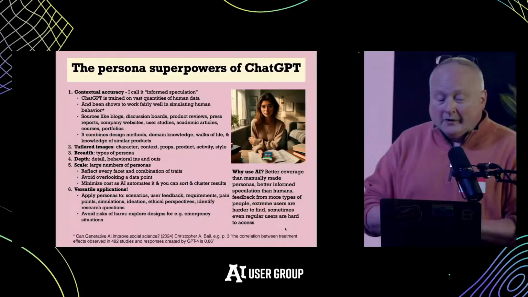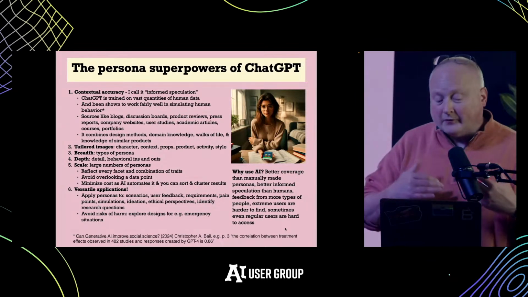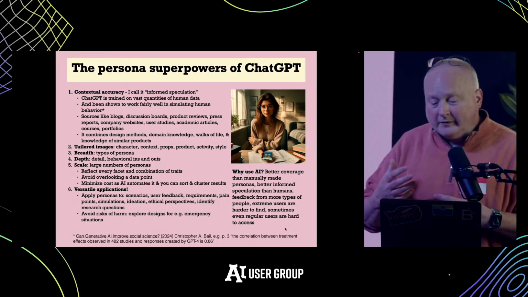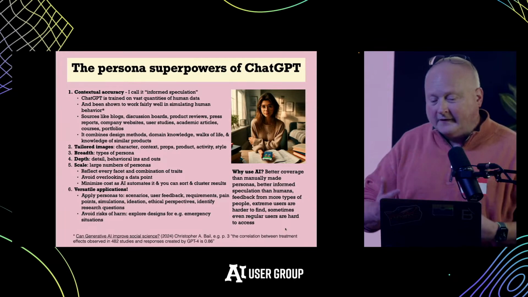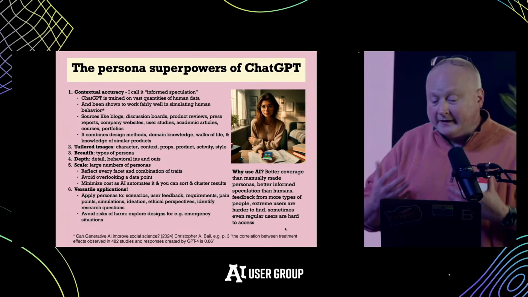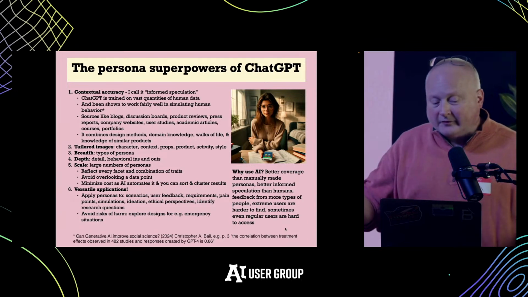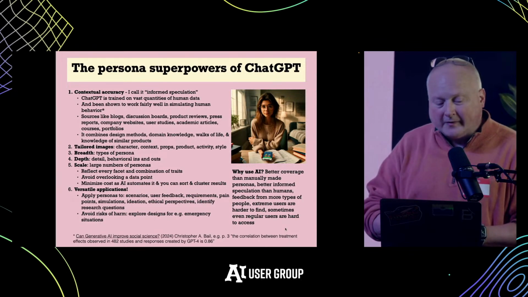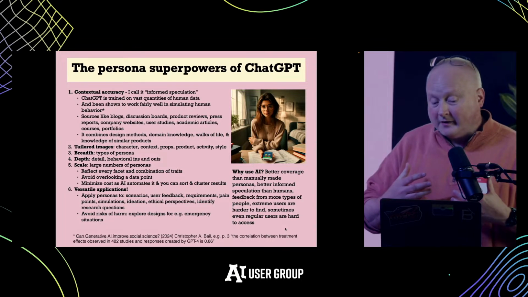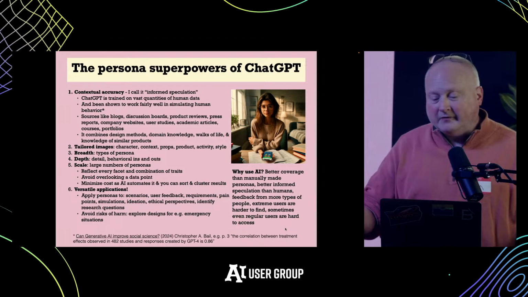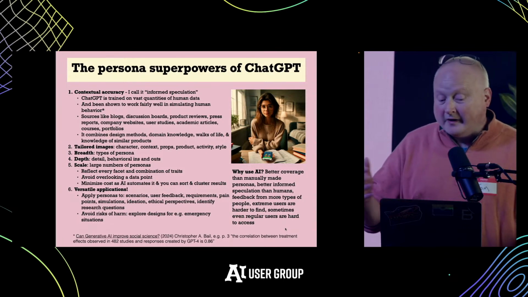So the rest of these I actually have separate slides for, so I'm going to go through the rest of the list really fast. Tailored images. The fact that you can make images of your personas that are really more detailed and more compelling in the context they present. Breadth means there's a lot of different types of personas you can develop. Depth means you can get a ton of detail, so much more information about an individual person than you'd ever have.